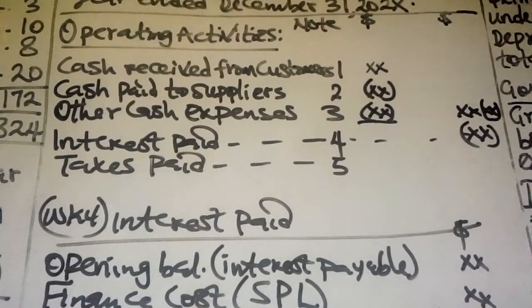Under non-current liability, you have deferred tax. Then in your statement of profit or loss, you have tax expense before you arrive at profit for the year. And then you may have tax attributable to the fair value gain in other comprehensive income.